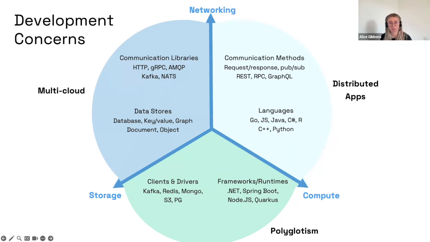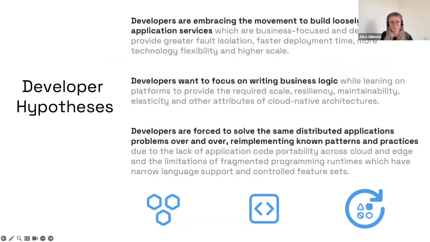Similarly, different languages would be good for writing different types of applications. On the storage side, different data stores or storage protocols would be good for building different apps. This has added an increased amount of complexity for developers that has become an issue for building distributed apps, as the popularity around multi-cloud, multi-platform, and distributed applications has grown in the past 10 or so years. This leads into some developer hypotheses that we wanted to cover.